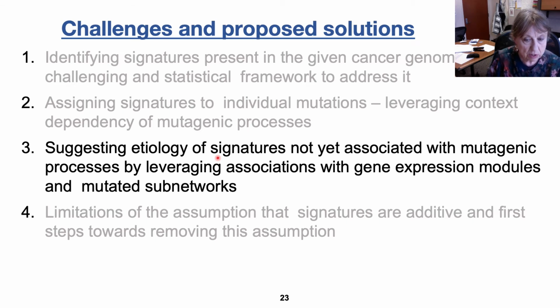This brings me to the next and very important aspect of the studies of mutational signatures, which is that for many of those computationally derived signatures, we are still yet to establish what is the biological etiology of them. So in order to do so, we need to combine information maybe from both mutations and expression data.